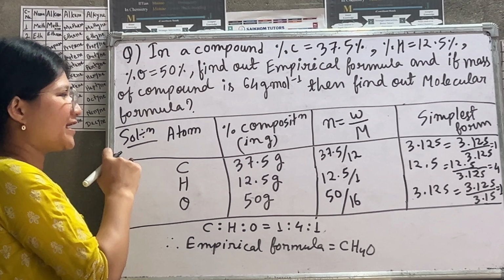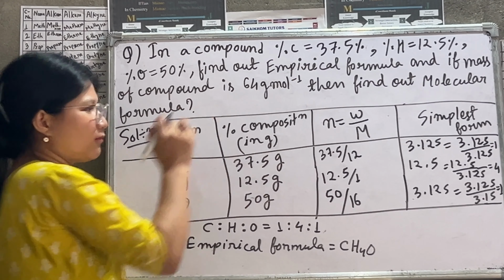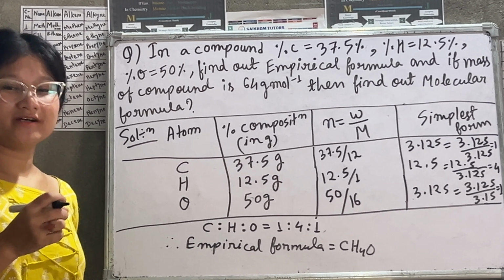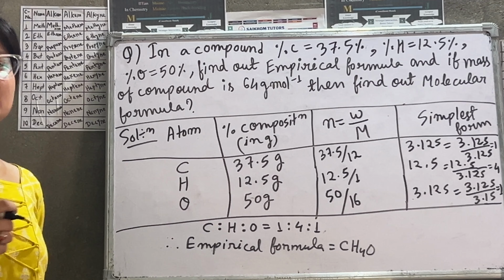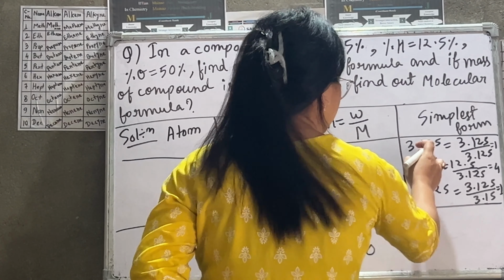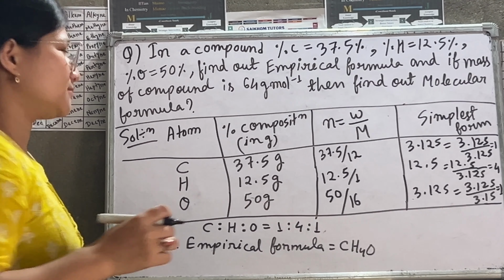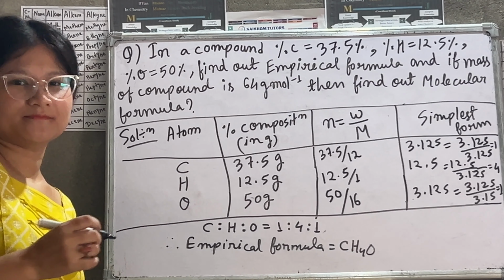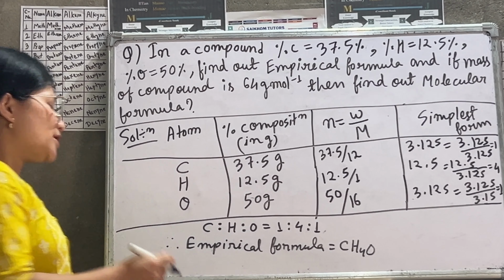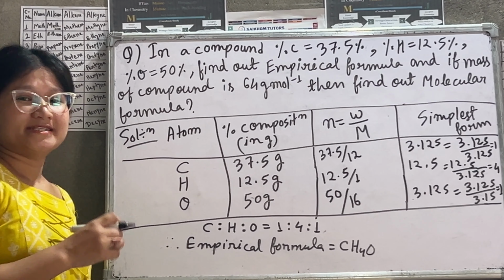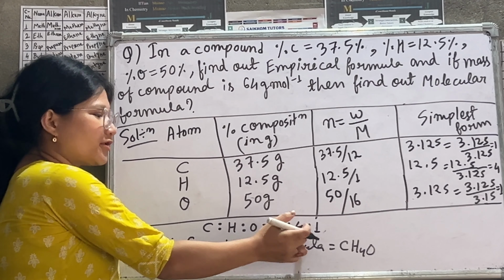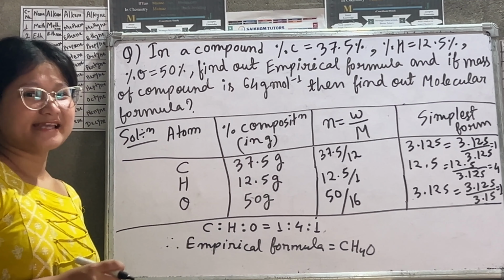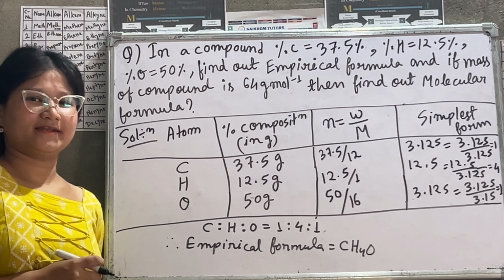Here we calculate the number of moles, and this number of moles you have to convert into the simplest form, by dividing by the smallest unit, which is the result from the number of moles. Clear? So by this simplest ratio 1:4:1, you can write the empirical formula as CH4O. Clear?